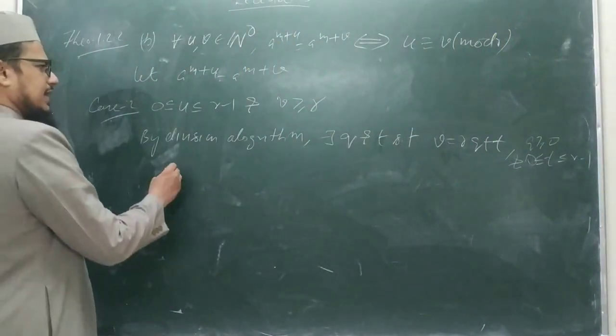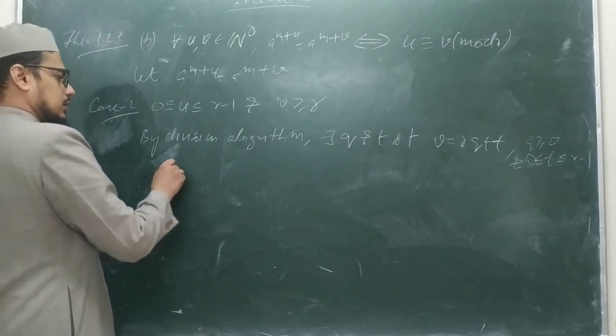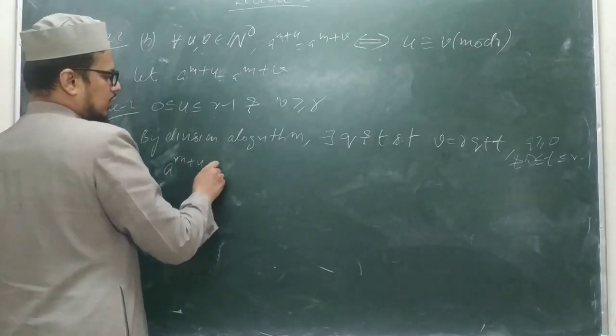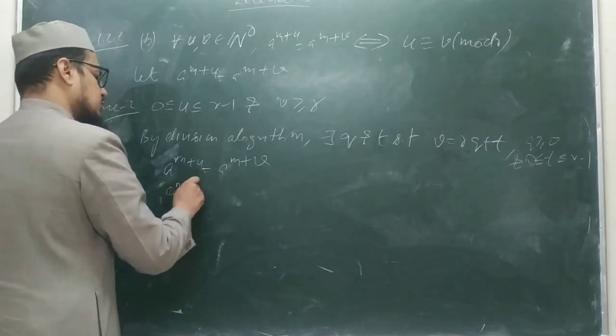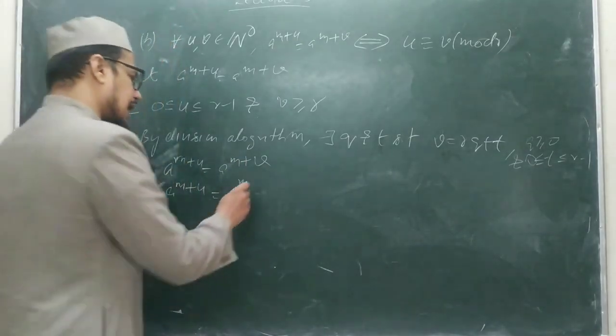Now let's calculate a^(m+v). We have a^(m+u) equal to a^(m+v). Correct? So a^(m+u) is equal to a^(m+v), put the value of v here, that is rq plus t.